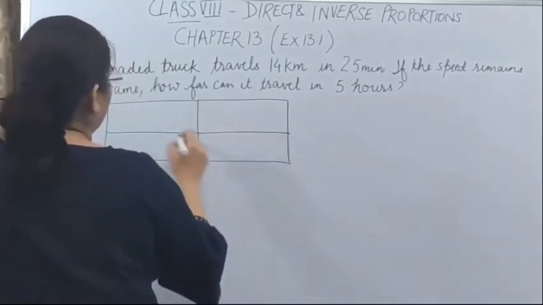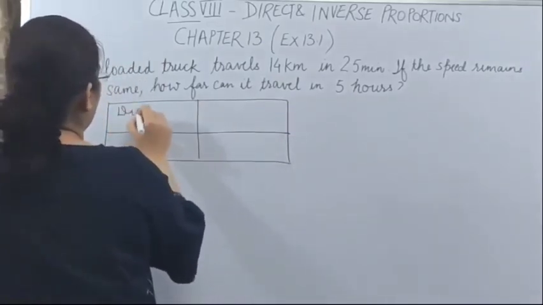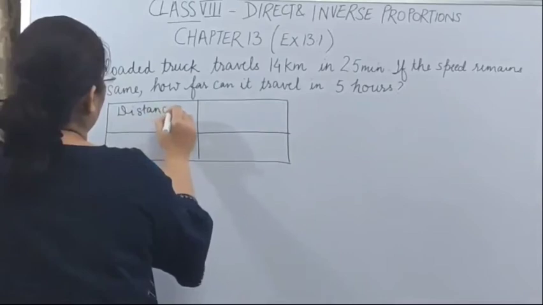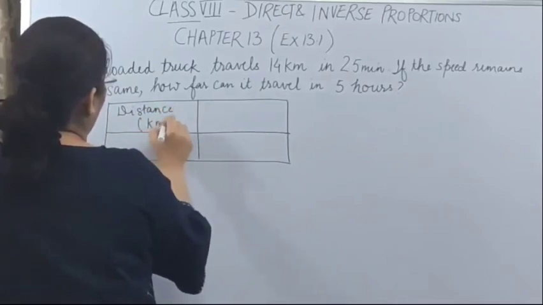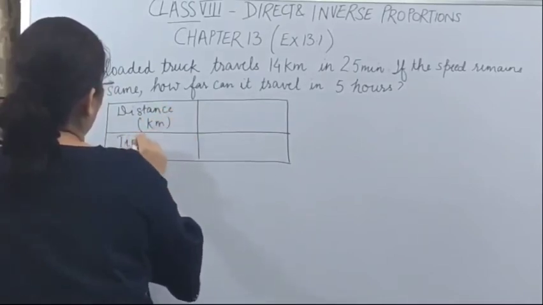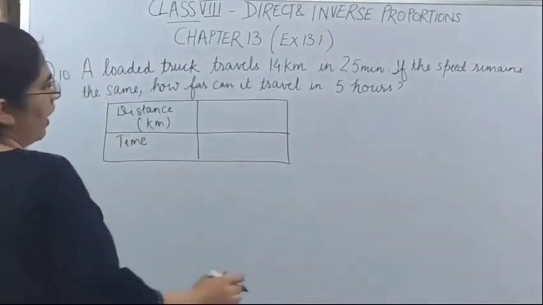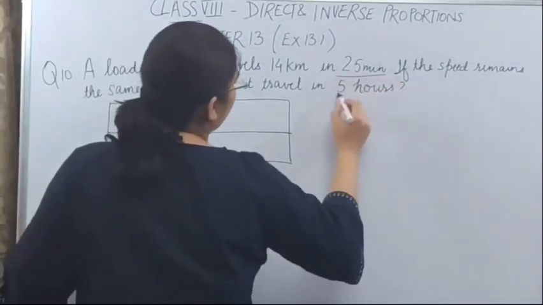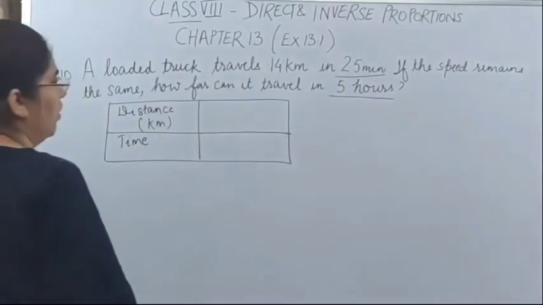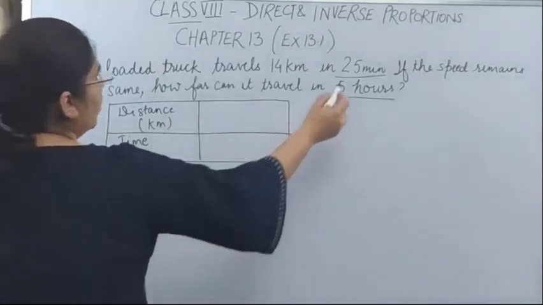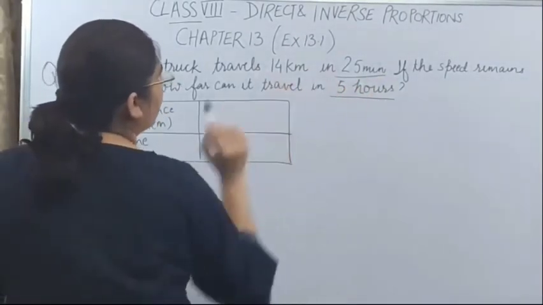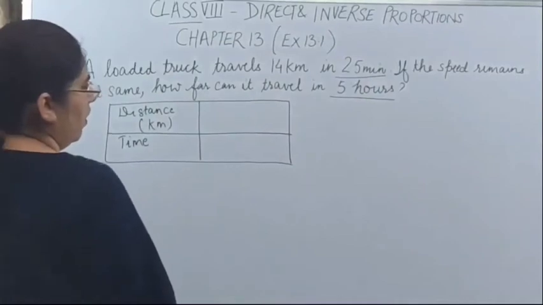Now it says distance in kilometers and time. Now you will find that there are two different units of time which are given here. One unit is in minutes and the other is in hours, right?